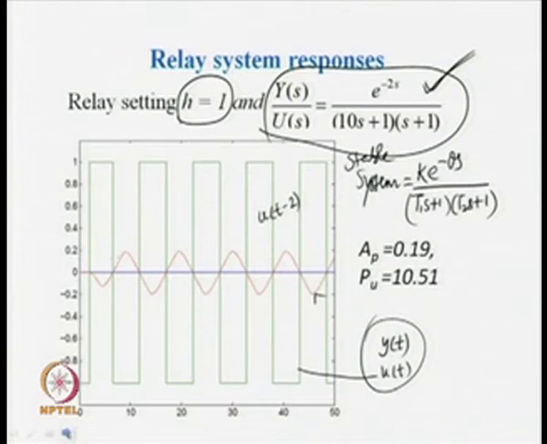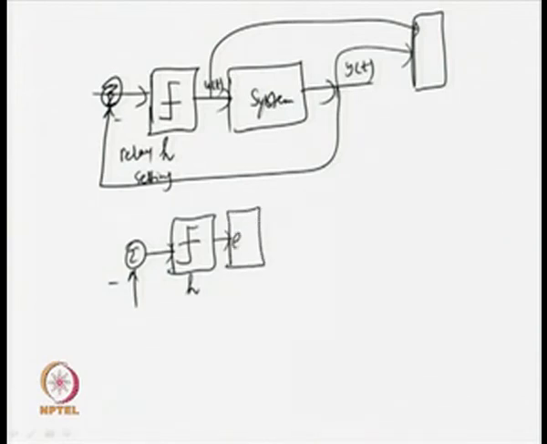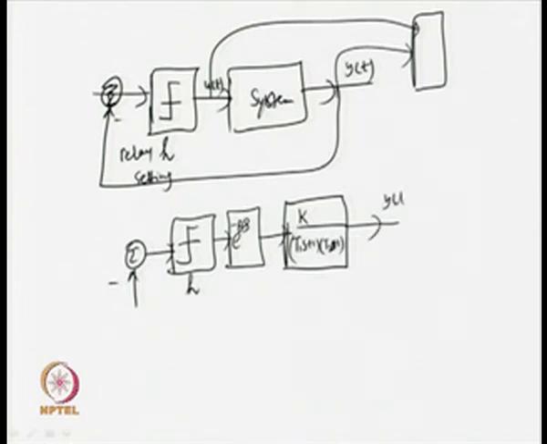Now, when I readjust this one, this is the negative feedback, I have the relay parameter h, and I put the delay here, delay e^(-θs), then the rest of the things will remain here, K / ((T1 s + 1)(T2 s + 1)), and y(t).